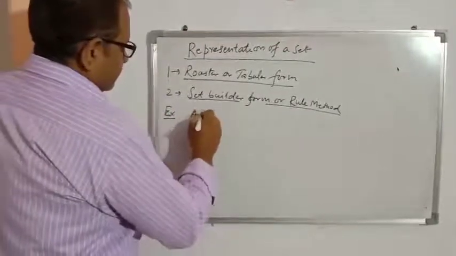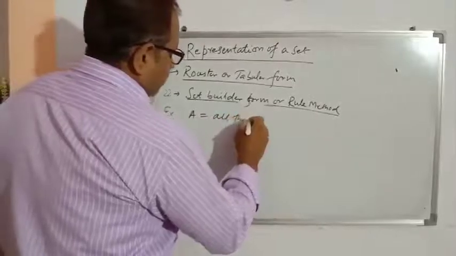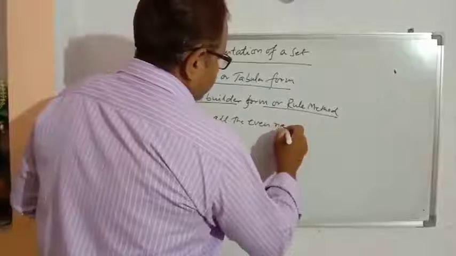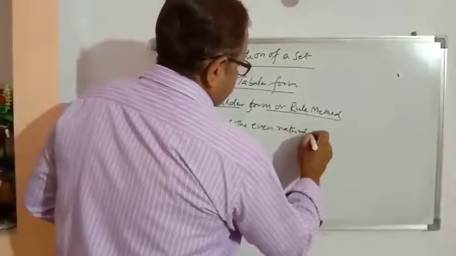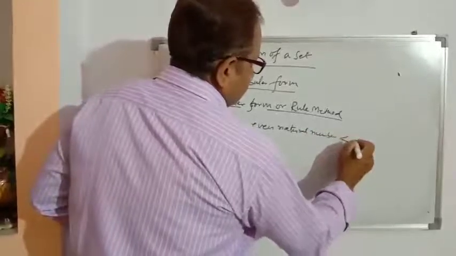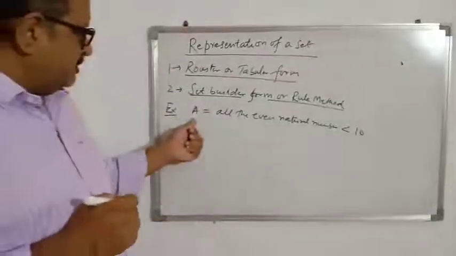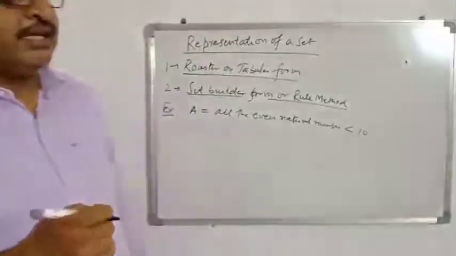Suppose set A is all the even natural numbers less than 10.